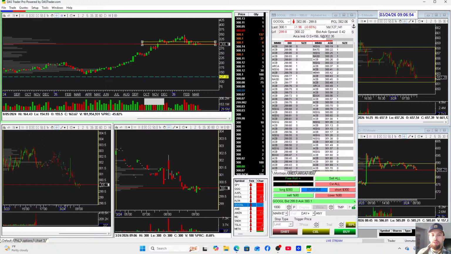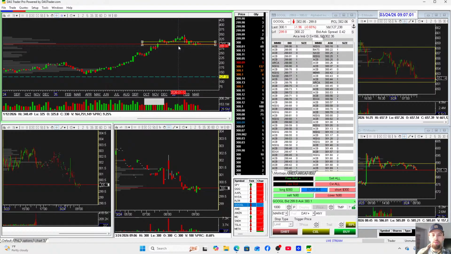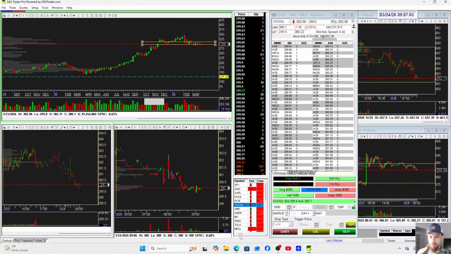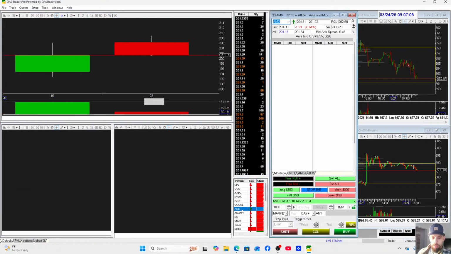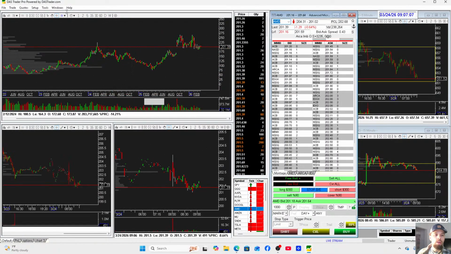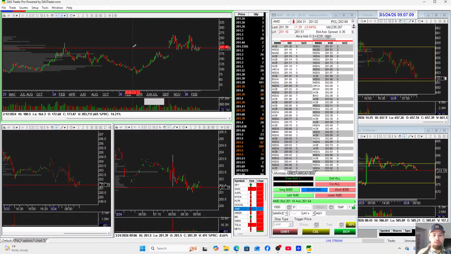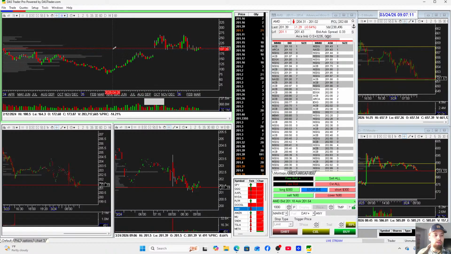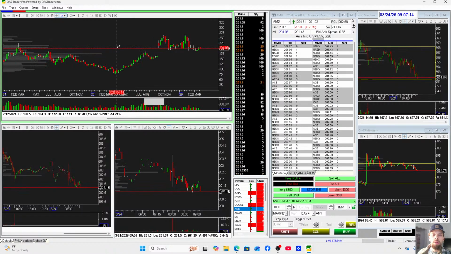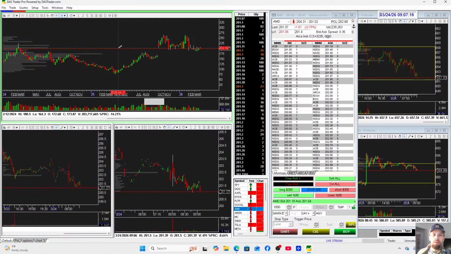So market sells off 300, it could lose 300, make its way down to, who knows, maybe 280, 290 at least, I'd imagine, if it was a real sell-off. But we just have to let price action tell us. Price action will always tell us, so just got to be patient with it. Market will let me know when to get in.